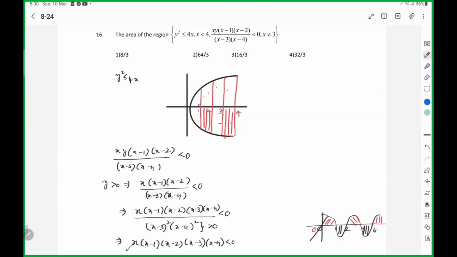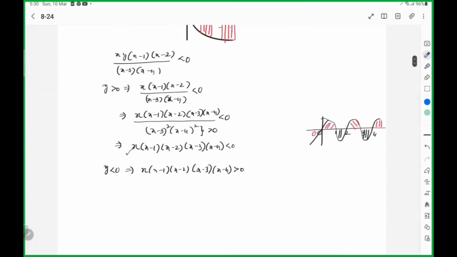And in another region, it is positive. But this part, if you consider here, because it is symmetric about the x-axis, it is nothing but the area under the curve, this part finally.